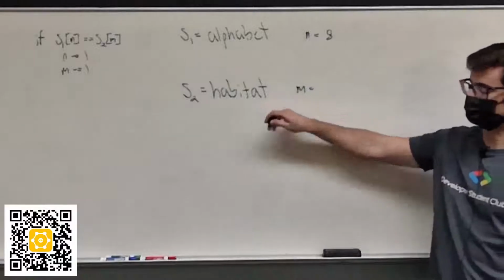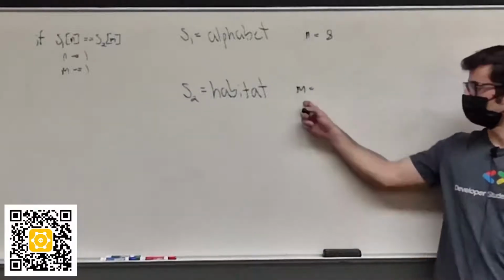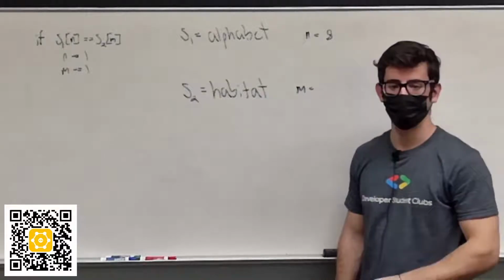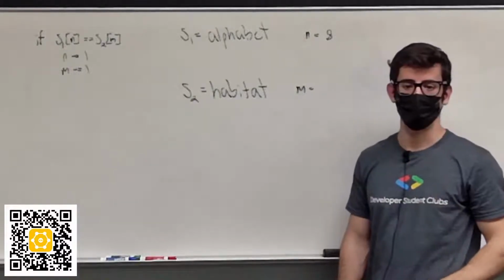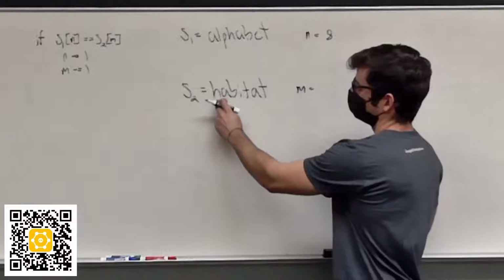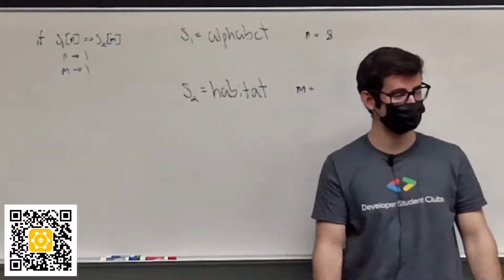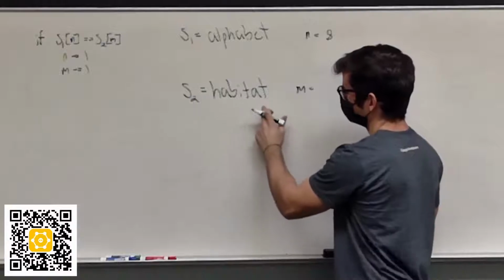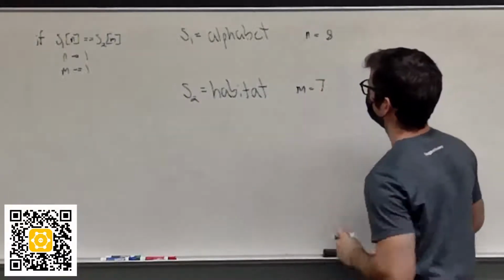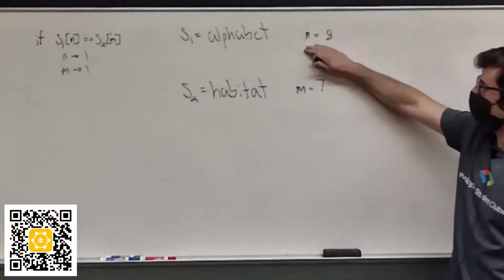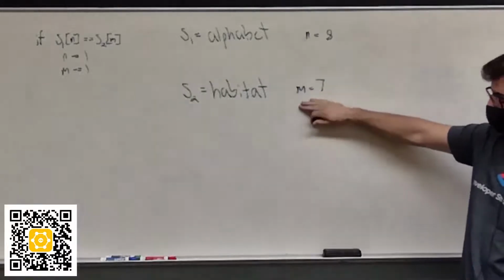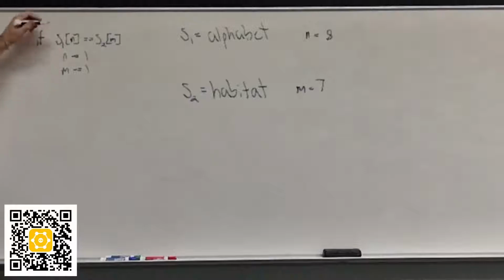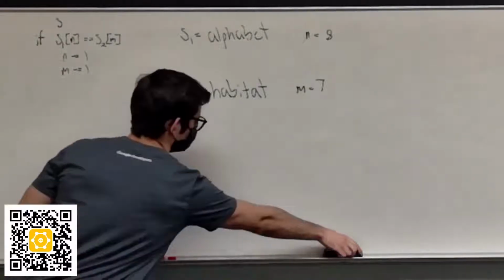What about the T in the second string? What would m be? 7. You agree with 7? Okay. You don't think I can count? I want engagement from everyone. 1, 2, 3, 4, 5, 6, 7. Perfect. So when n was equal to 8 and m was equal to 7, S1 of n, let me do this in a different color.